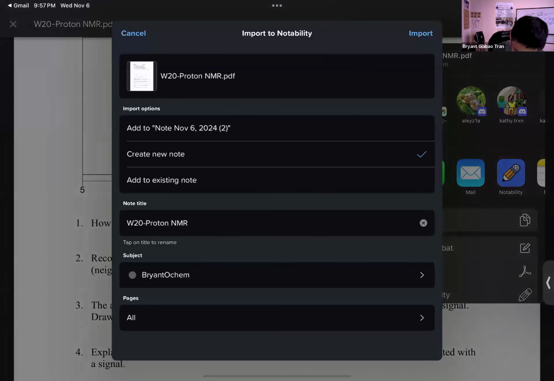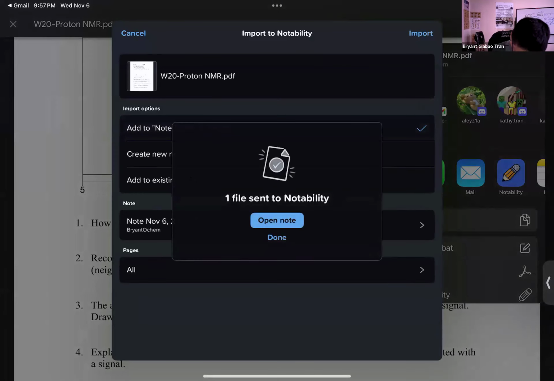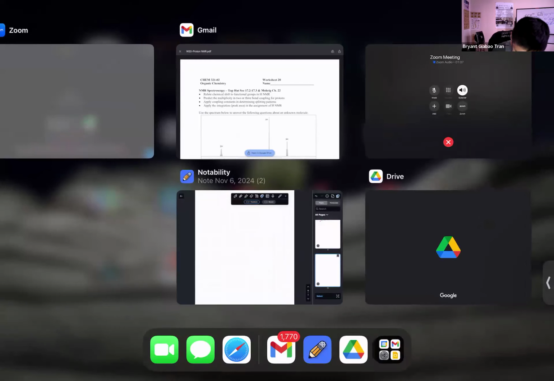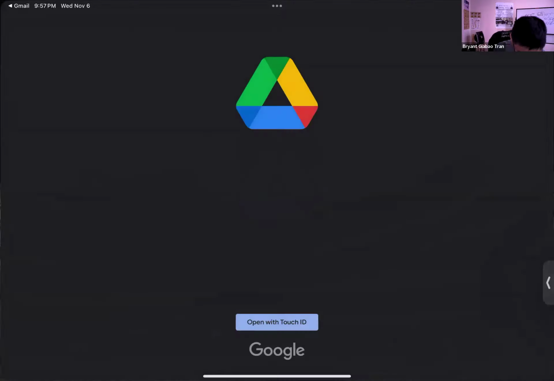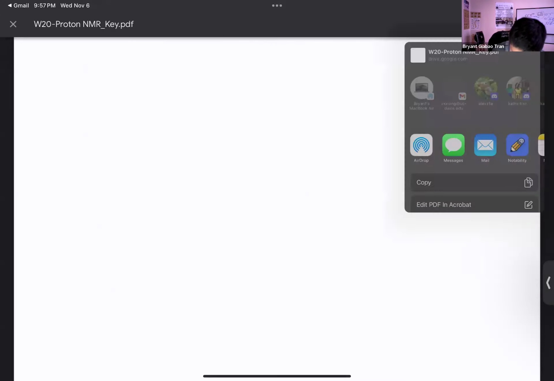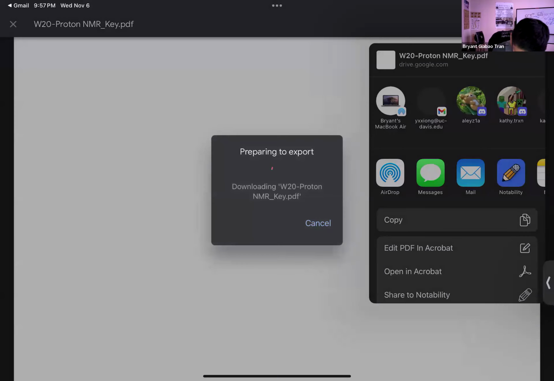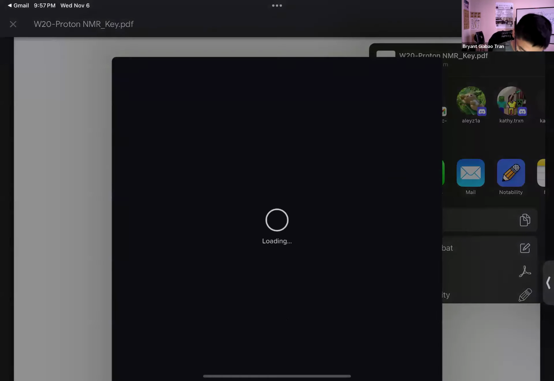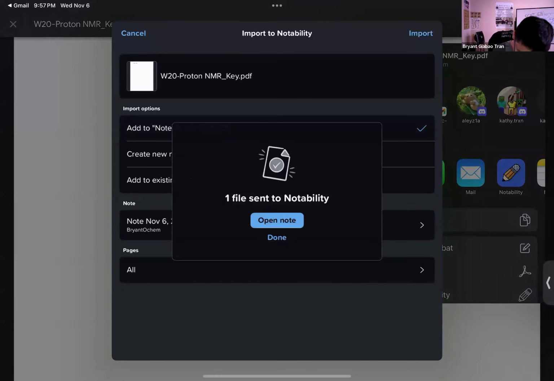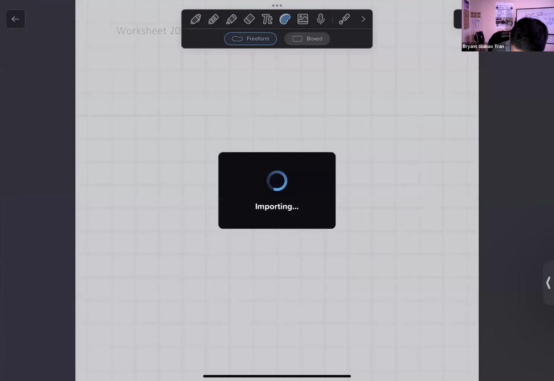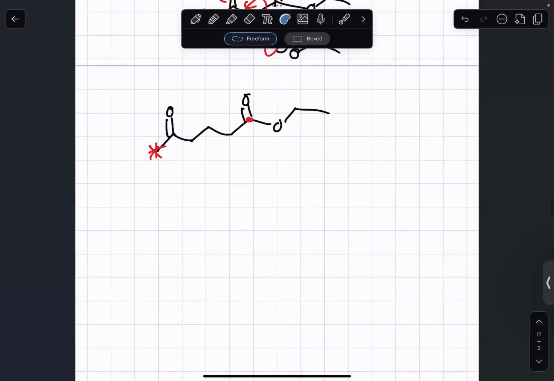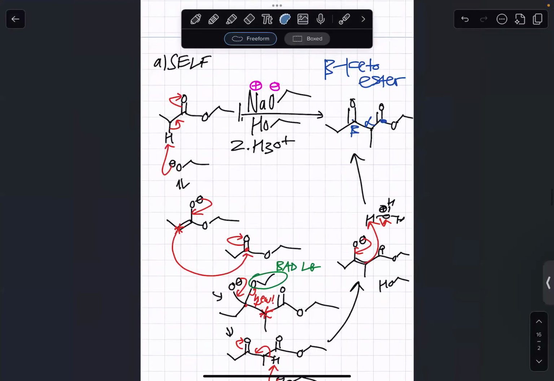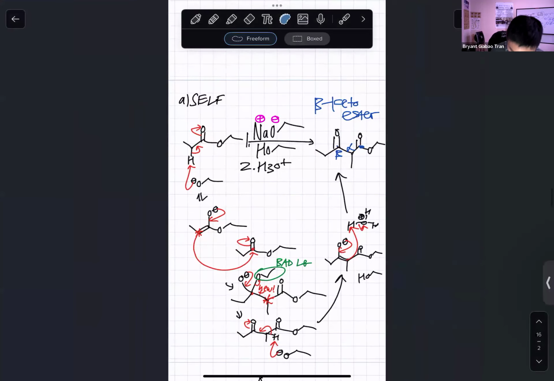No problem. Let's see. Okay, 13 and 14. Before anything, can I take a screenshot of the mechanism?